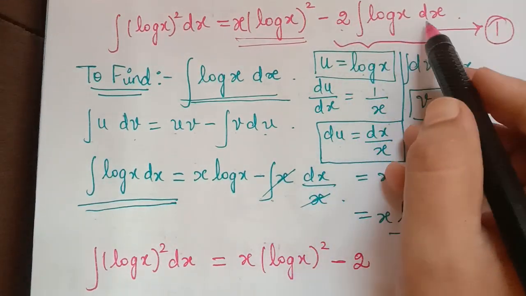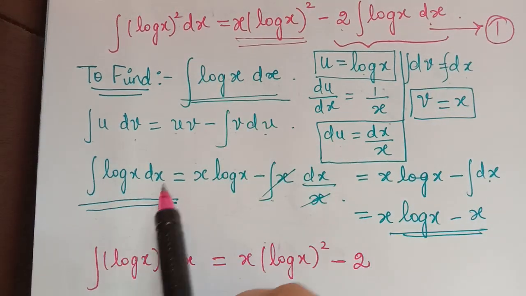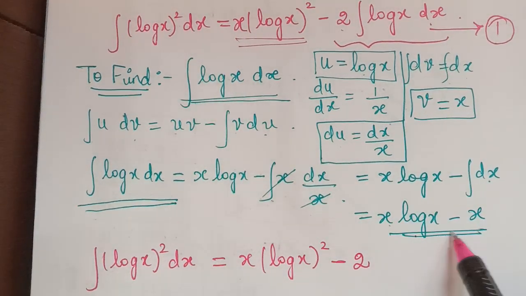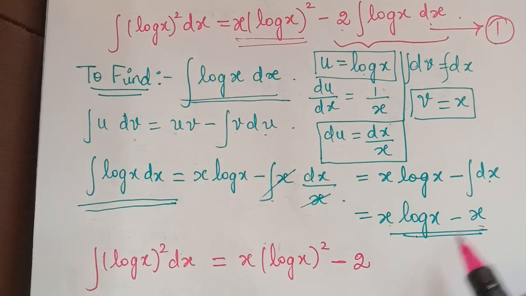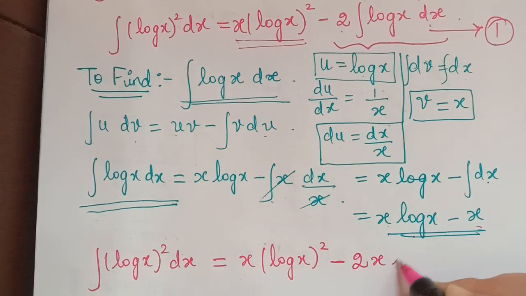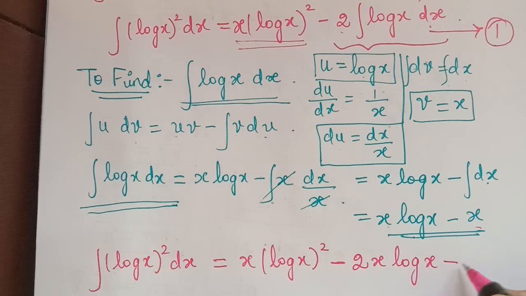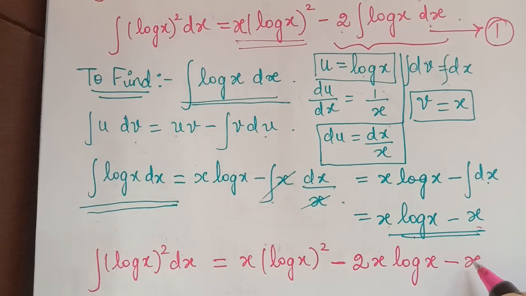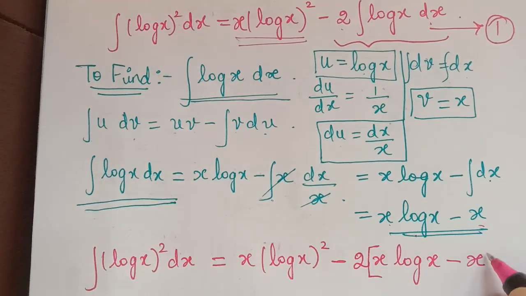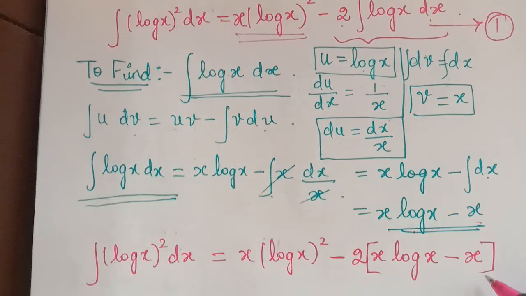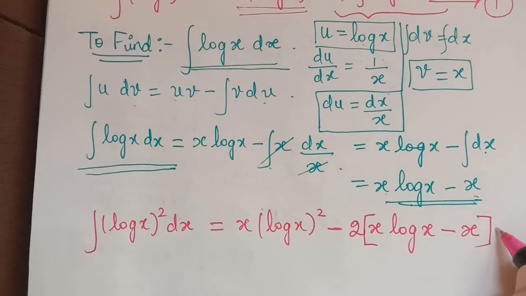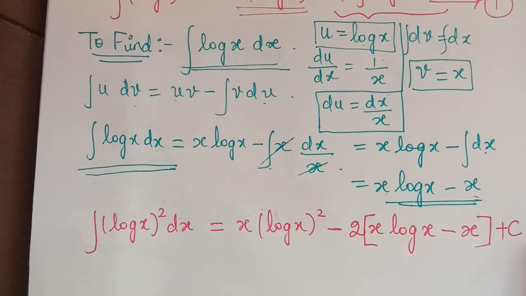This integral log x dx is what we have evaluated here, and we have got it to be x log x minus x. So let us write that: x log x minus x, and this 2 is in multiplication with the whole, and then plus a constant of integration, so plus c.